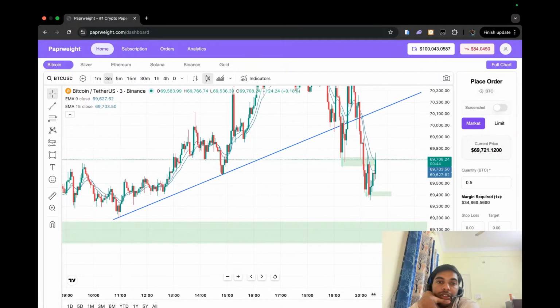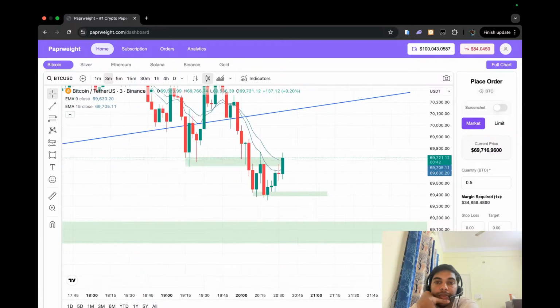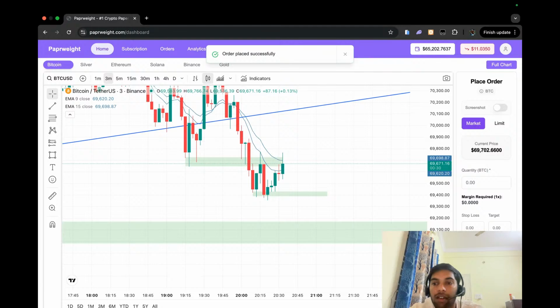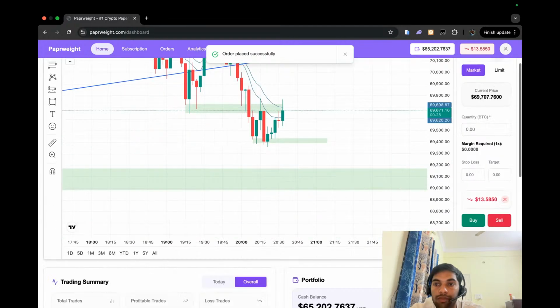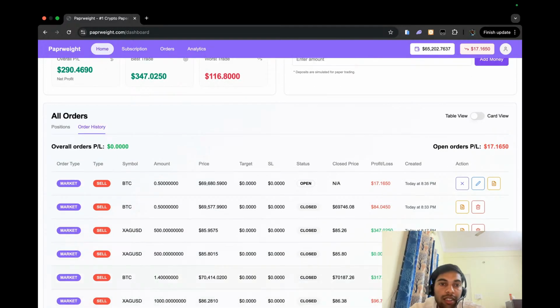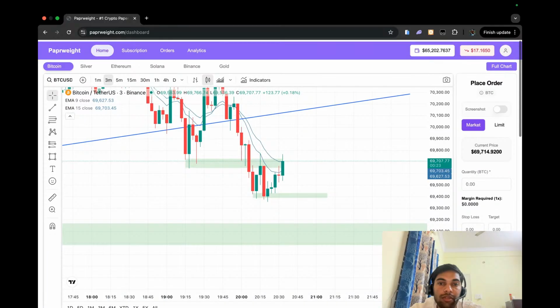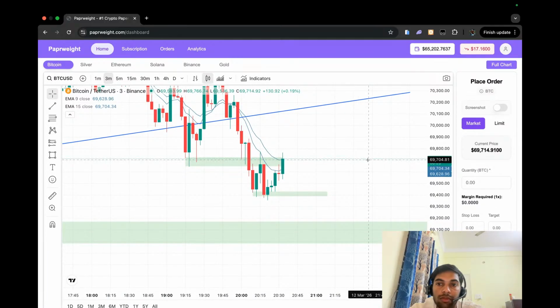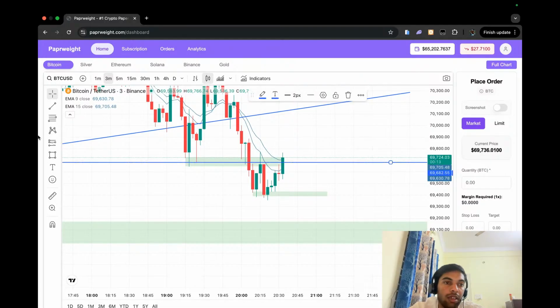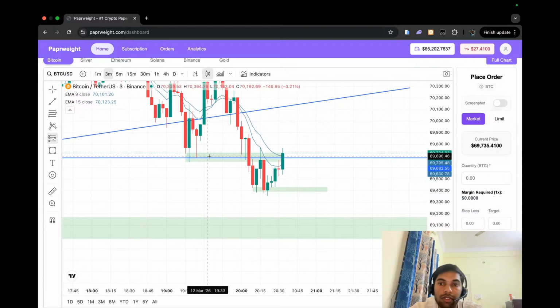Sudden buying is not expected. I sold again. Let's see where I sold it. I sold it at 69680, somewhere here. So this is my selling point again. Short position.